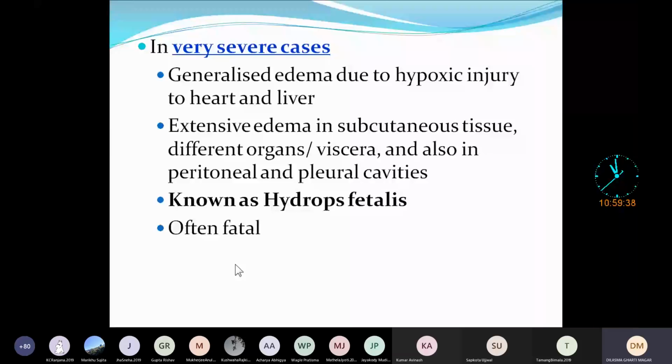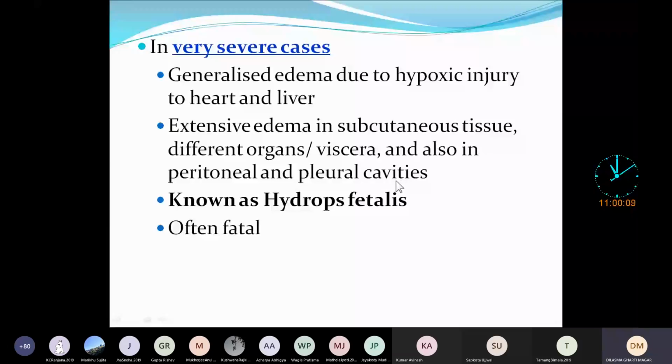Now when hemoglobin is also less and RBC is not there, it will lead to fluid coming out of the blood vessels, and that leads to edema. Organs means it may be the liver, lung, kidney, and also the peritoneal and pleural cavities.